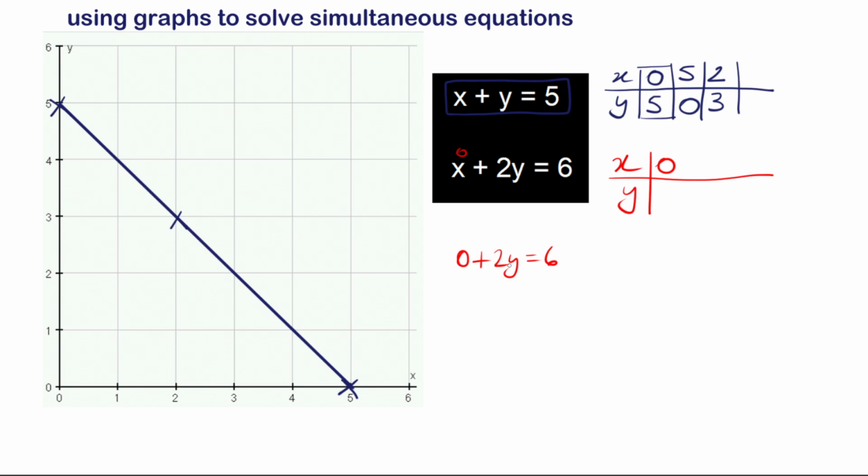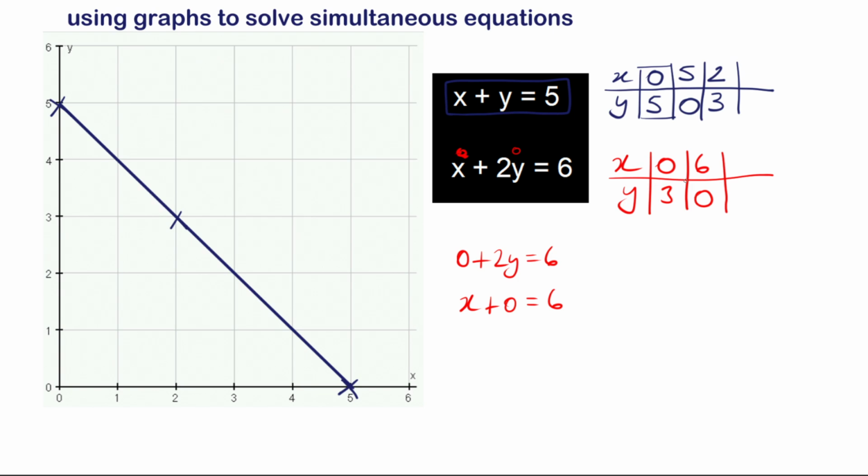So obviously 2y has to be 6, so y has to be 3. Sorry, what would happen if y was 0? Now if y is 0, what would x have to be to make that true? Then because we'd have x plus 2 times 0 equals 6, you can see that x will have to be 6. So when x is 6 and y is 0, it makes this equation true.